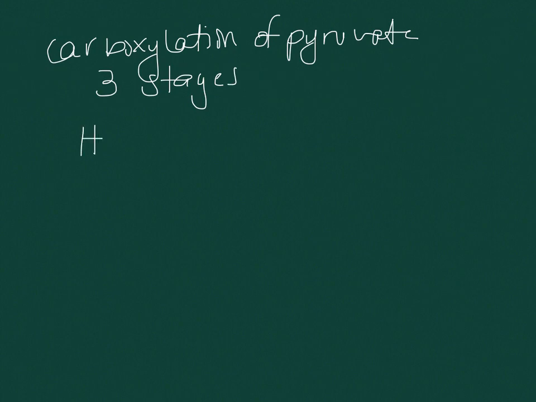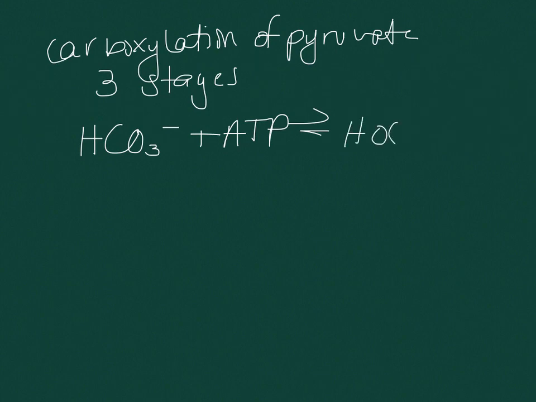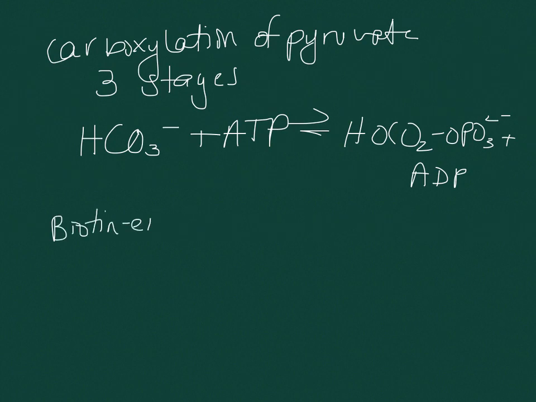In the first stage, we have carbonic acid plus ATP. We're going to hydrolyze that ATP and make an activated carbon dioxide. In the second stage, we have biotin linked to the enzyme. This can now bind the activated carbon dioxide.